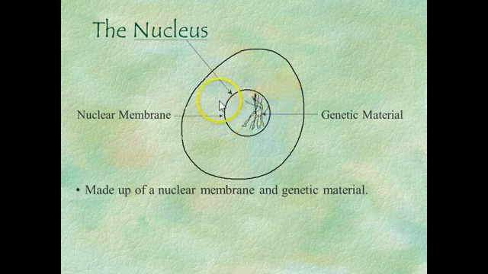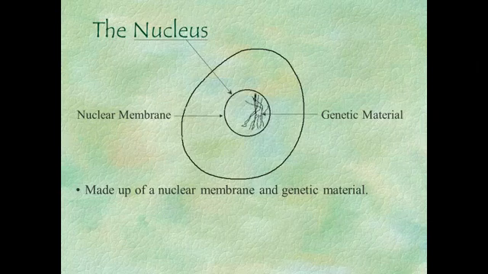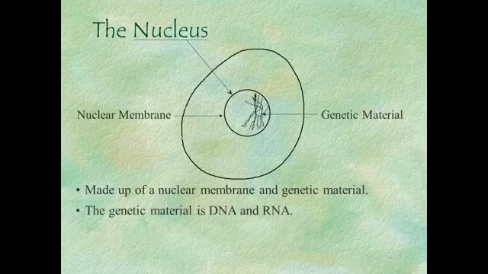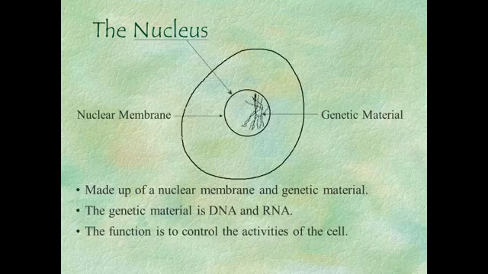So the main parts of the nucleus is that there is a nuclear membrane, also sometimes called a nuclear envelope. That nuclear envelope has some holes in it, which we call pores, and then it also contains that genetic material, contains the DNA, contains the RNA. The function of that nucleus is basically to control the activities of the cell.